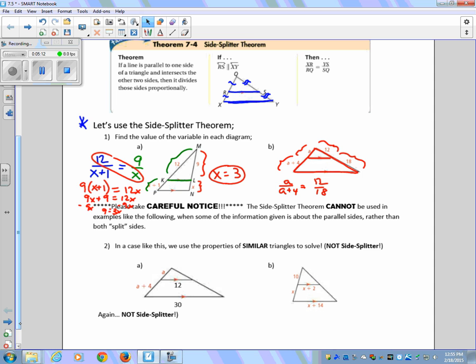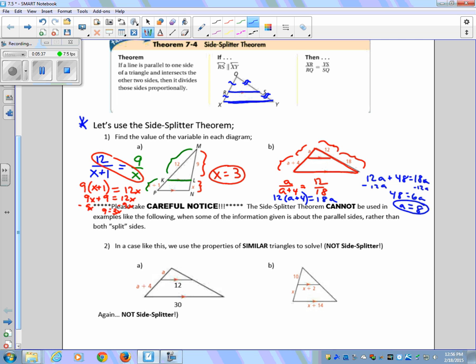When we cross multiply, we're going to get 18A equals 12 times A plus 4 in parentheses. When we distribute, we get 12A plus 48 equals 18A. Subtract 12A from both sides, and 48 equals 6A, and A equals 8.